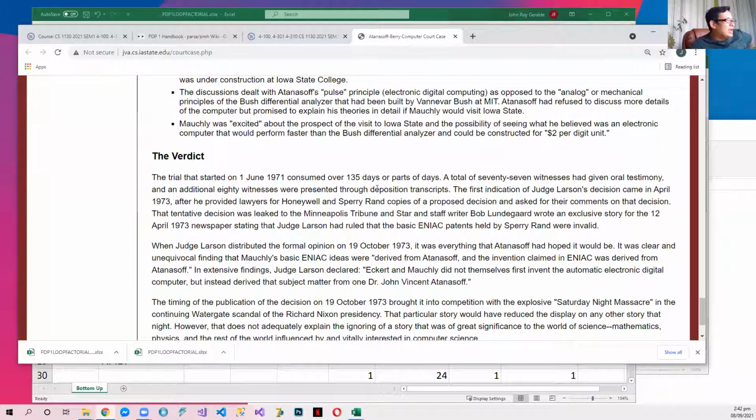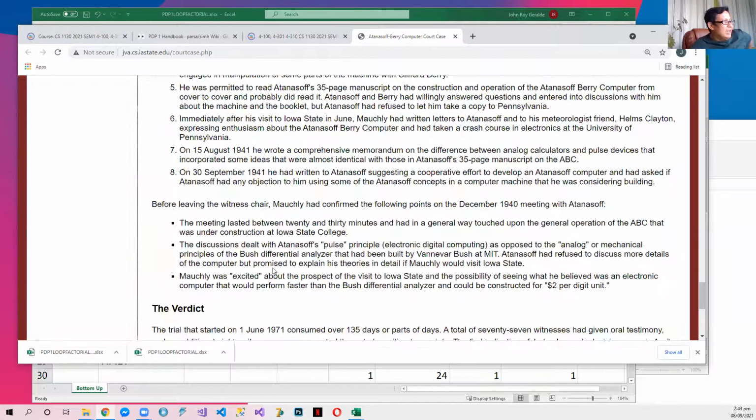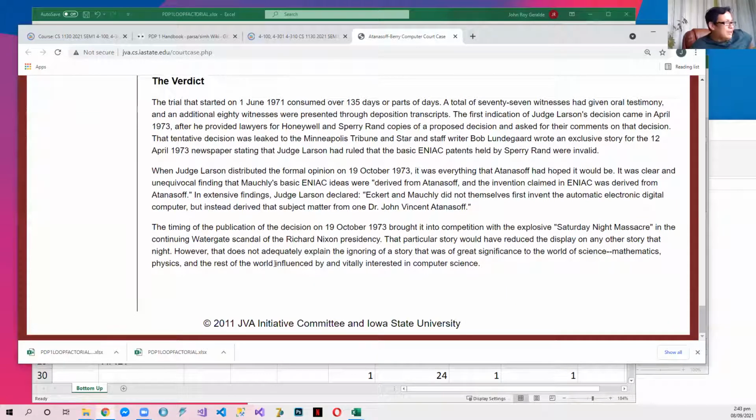And when the trial ended in 1971, Judge Larson, a circuit judge, declared unequivocally that the ENIAC ideas were derived from Atanasoff's invention, thereby canceling the patent of Sperry Rand, which already owned the patent for ENIAC and EDVAC during that time. Okay, so did you follow?